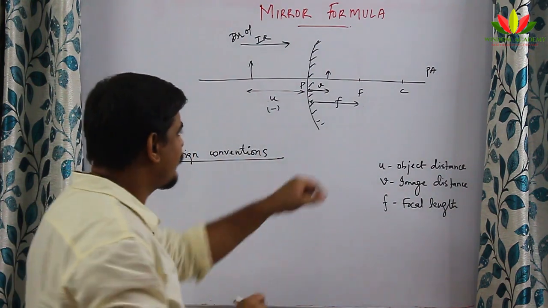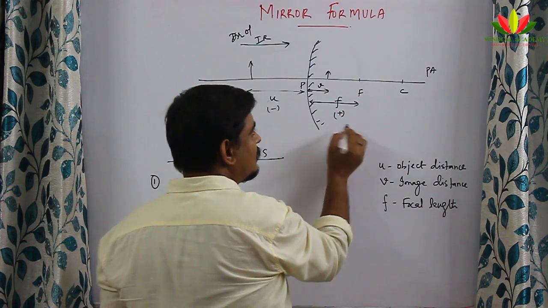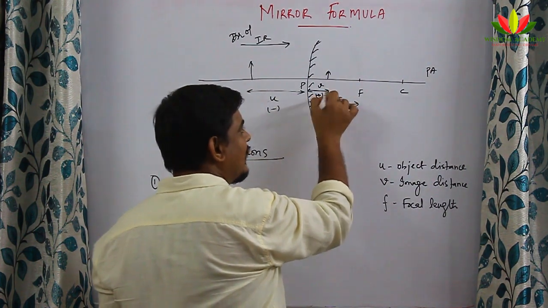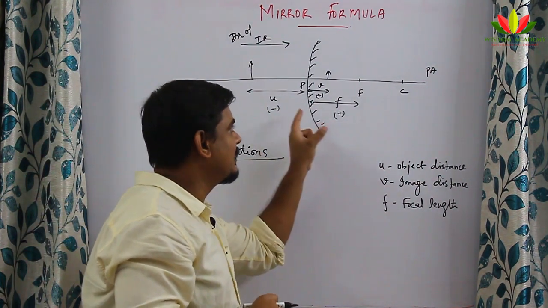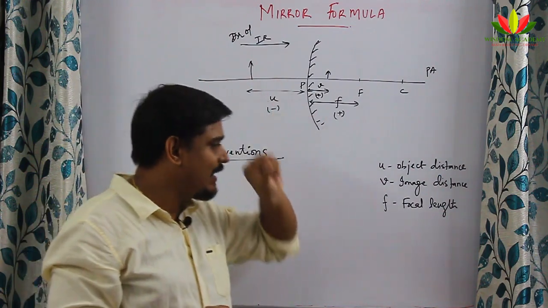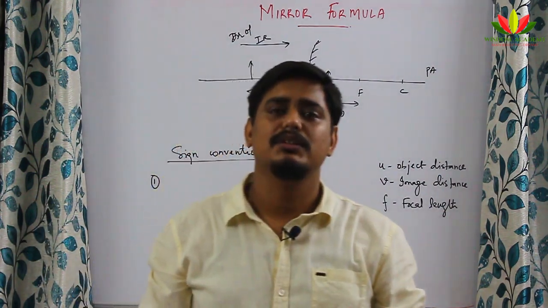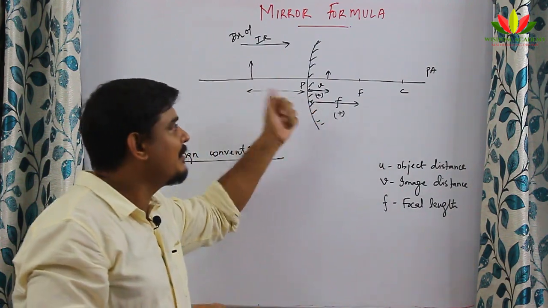F, I am measuring along the direction of the incident ray, positive. V, positive and always positive. So remember that in the case of a convex mirror, U will always be negative, V and F will always be positive. You can just remember it because there is no case where V can become negative.